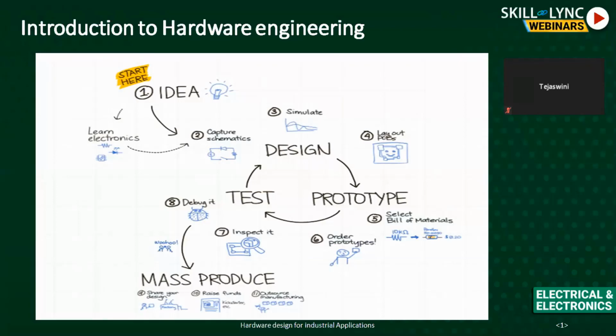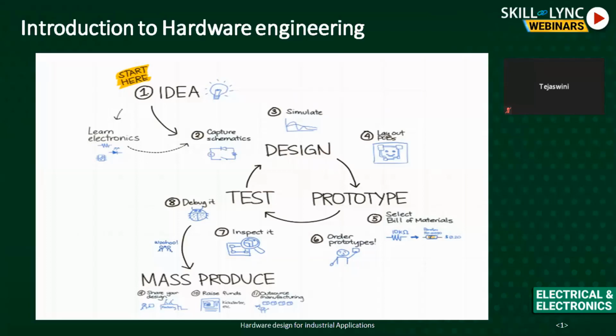The schematics is done during the design, and certain sections of the schematics you will simulate if necessary. Say, for example, the power supply to the pump or the power supply to the microcontroller board. You will simulate and check with respect to different loads how the power supply performs. Using the simulation data, you decide whether to go with this power supply or another power supply. And finally, after doing all this, you go to the layout.